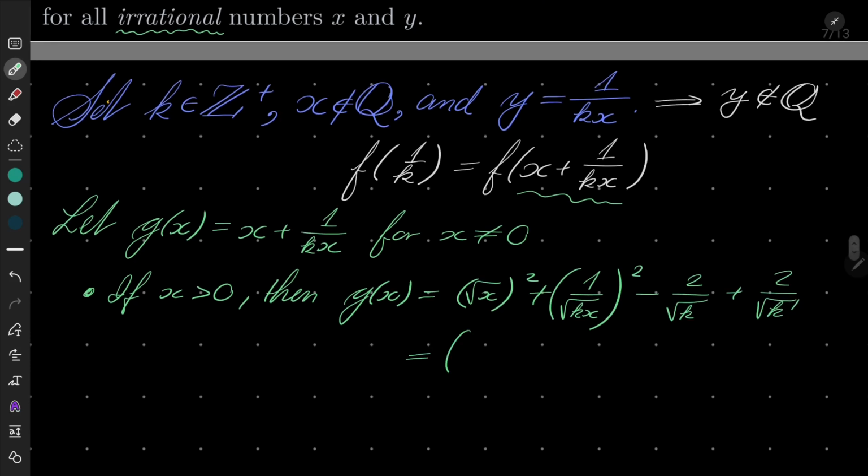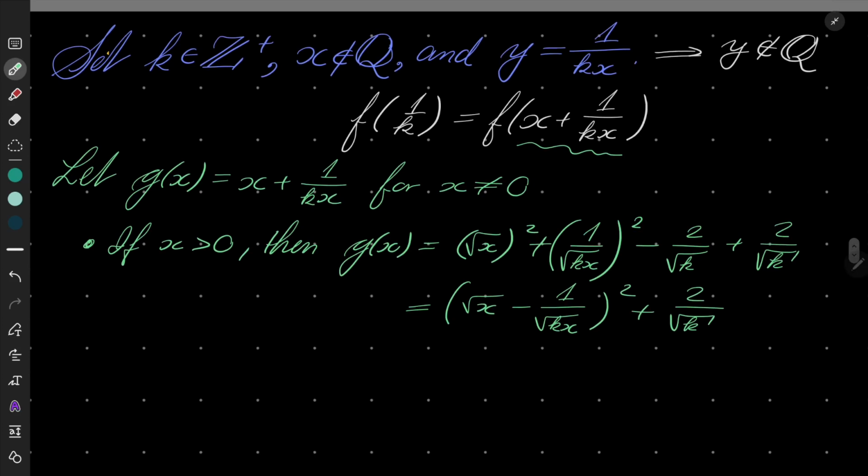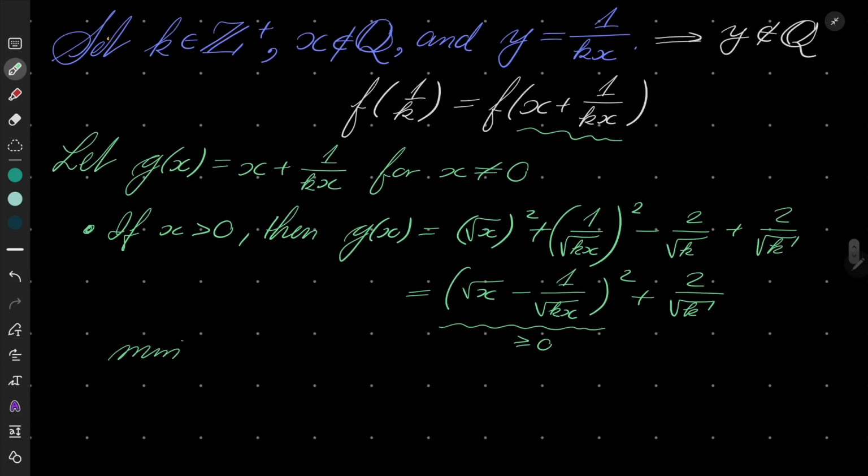And that is square root of x minus 1 over square root of k times x, quantity squared, plus 2 over square root of k. Okay, and now it should be visible that, since this squared number is clearly non-negative, the minimum over positive numbers of our function g of x is 2 over square root of k.